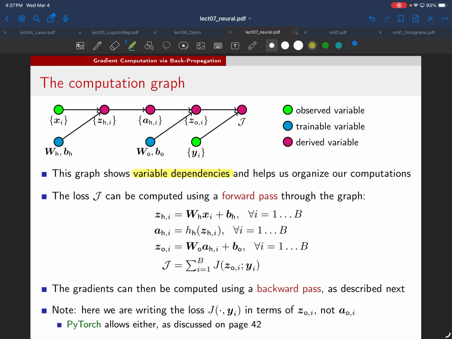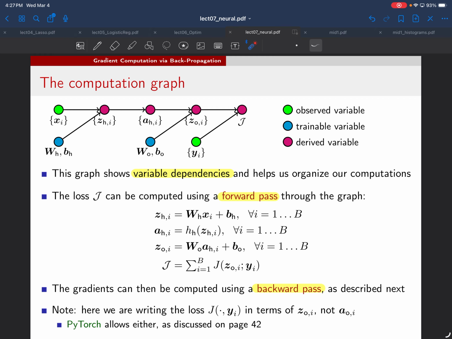And the main point in doing this is that using this graph, we can visualize how we're going to compute things in our network. So essentially, there are two stages of computation: the forward pass and the backward pass. The forward pass is pretty straightforward. It talks about how the data flows through this network from left to right, essentially.